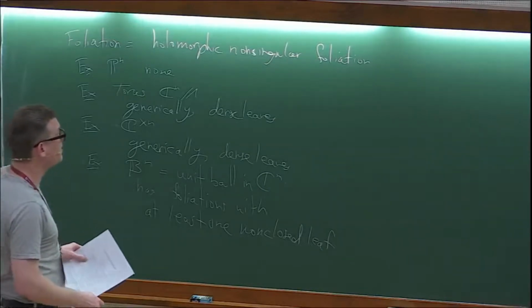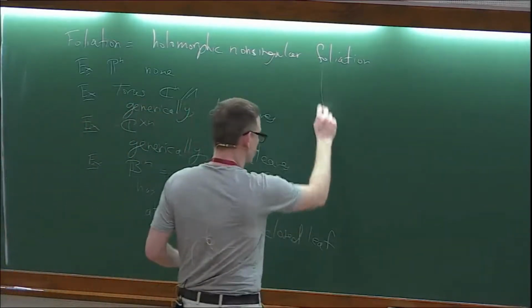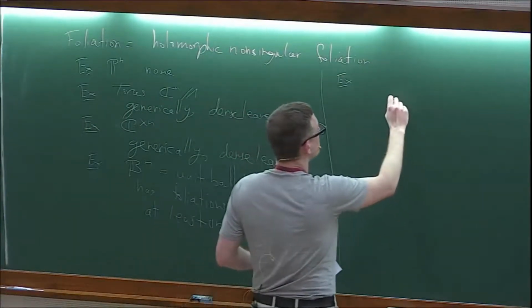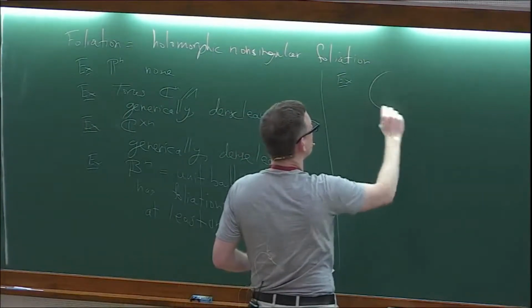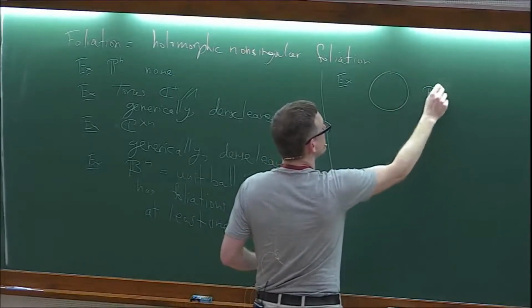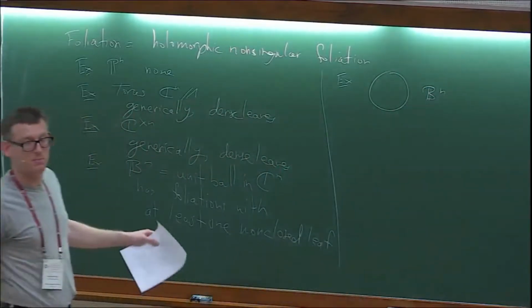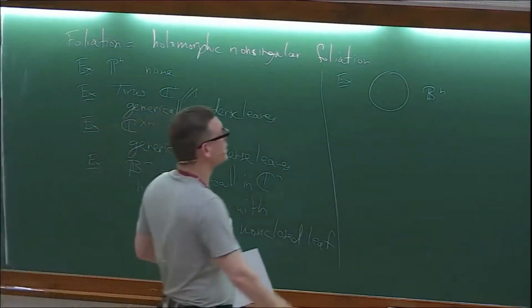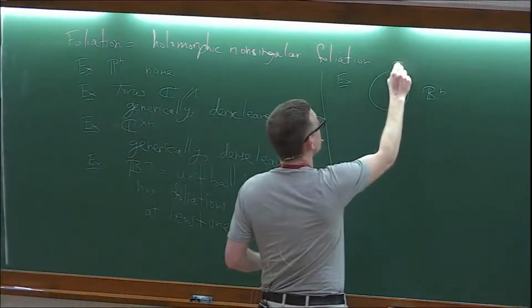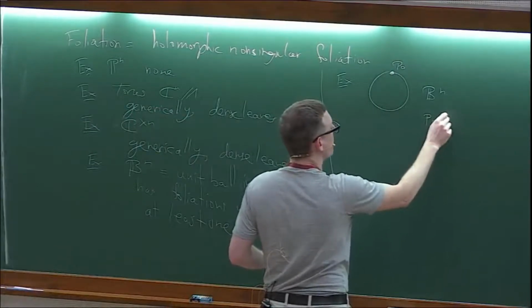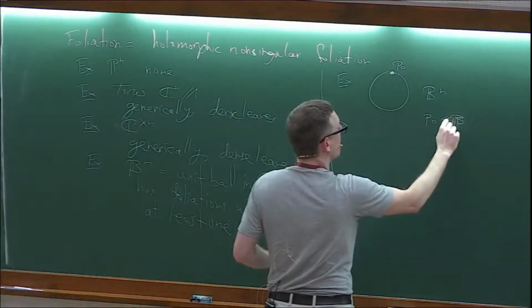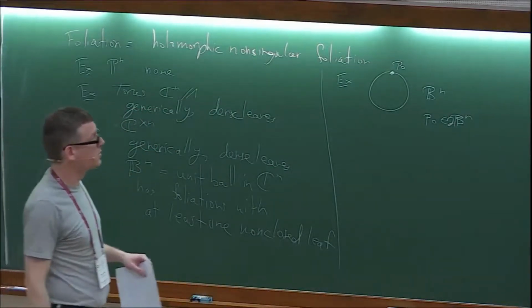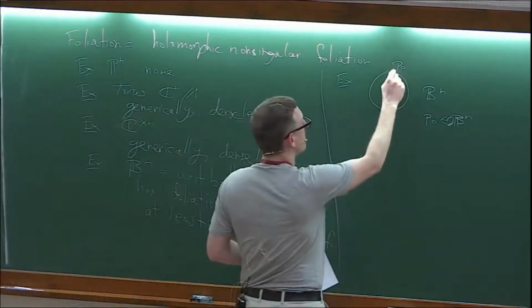So the example I really want to think more about, that's more typical of what we're interested in, is the following. You take, again, the ball. So it's a unit ball or any ball, an open ball in Cn, but it's an open ball, right? And then you pick a point, P naught, which is not in the ball, but it's on the boundary. Okay, so on the boundary of the ball. And then what I'm going to do is look at all the complex lines that go through it.